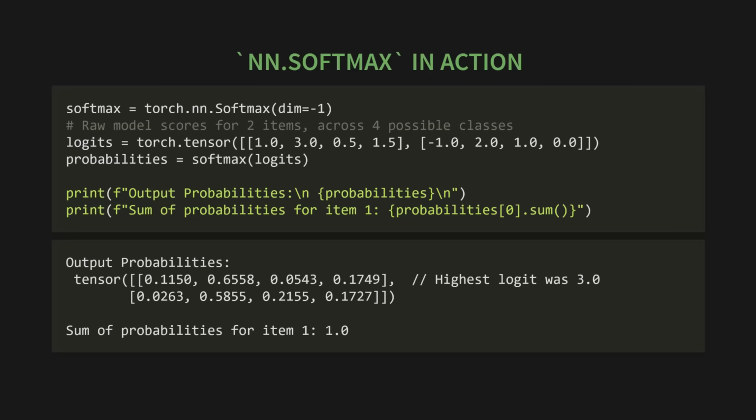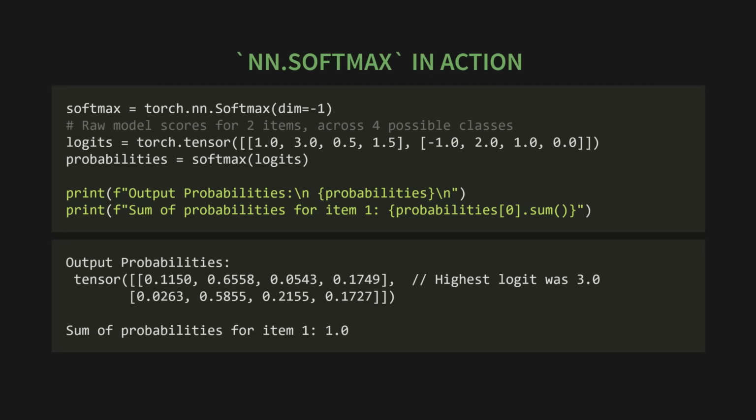Let's see nn.Softmax in action. We create the layer, softmax equals torch.nn.Softmax, and we set dim equals -1. Now, imagine our model gave us some raw logit scores for 2 different items across 4 possible classes. You can see them there in the logits tensor. When we pass that through softmax, look at the output probabilities.